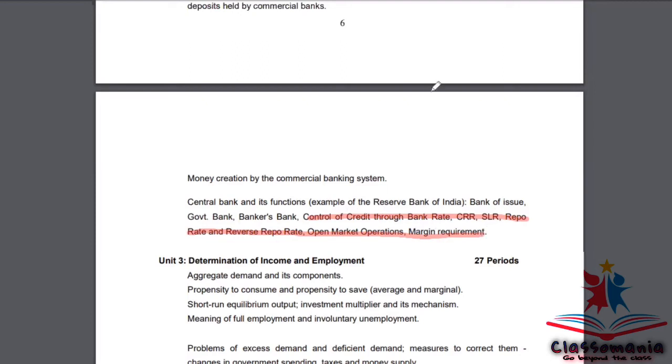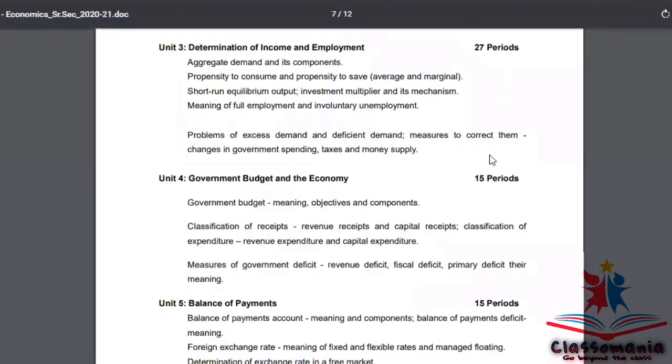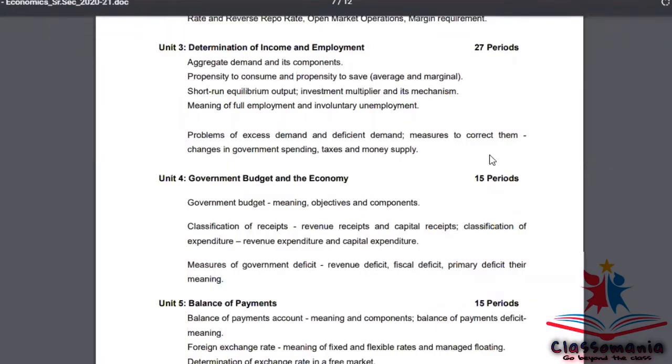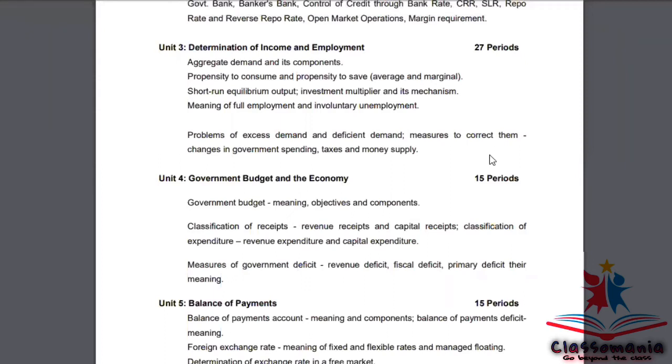As we move towards unit 3, determination of income and employment, nothing has been deleted from this unit. Everything is coming as it is in the annual board examination, as well as in unit 4. Nothing has been deleted in this unit as well.